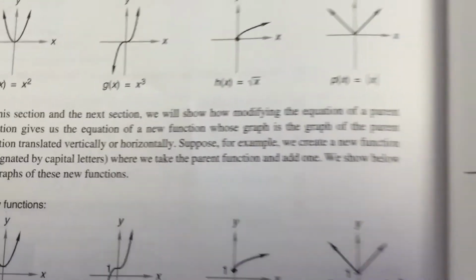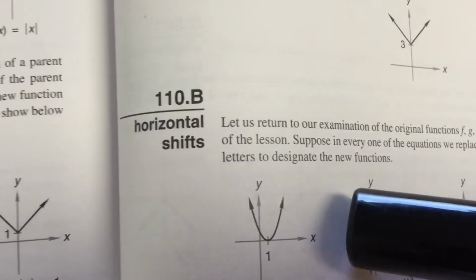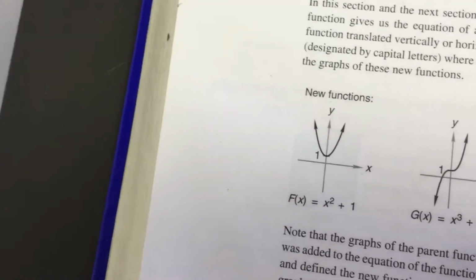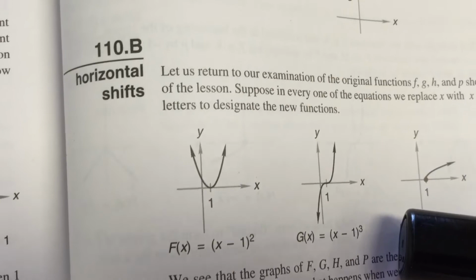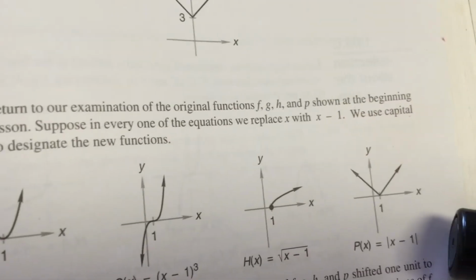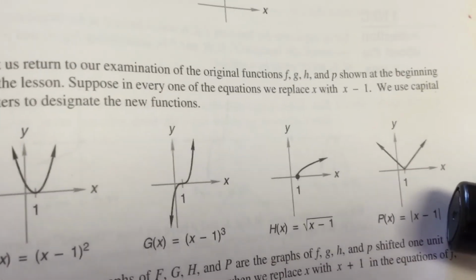Then what they're going to do is go horizontally. So over here on this page, horizontal shifts. So if they do a minus 1, over here was plus 1, and down here it was minus 1, but on here it's minus 1 and squared, minus 1 cubed, minus 1 square rooted, minus 1 and absolute value, okay?